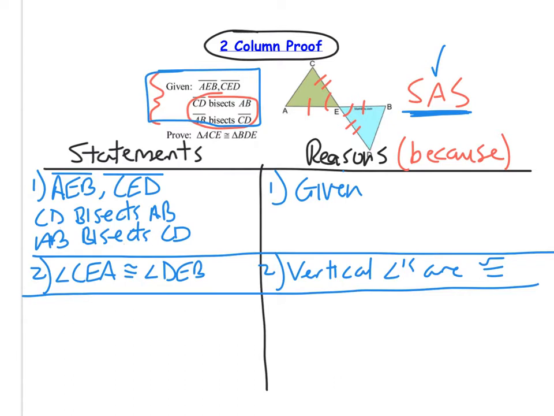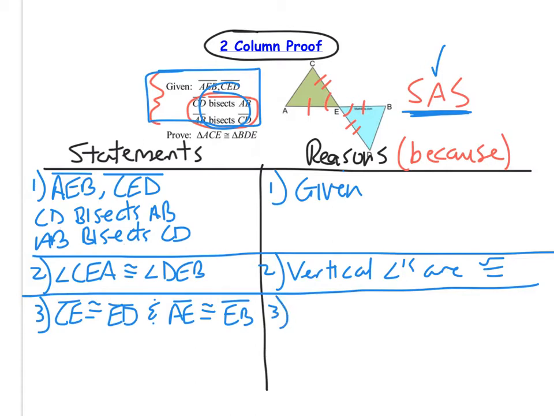The next thing are those sides. Now both those sets of sides are because of the bisector right here. So I can actually include them in the same step. So I'm going to say that CE is congruent to ED, and I can also say that AE is congruent to EB. The reason why those are all congruent, we already know, is because of the bisector.